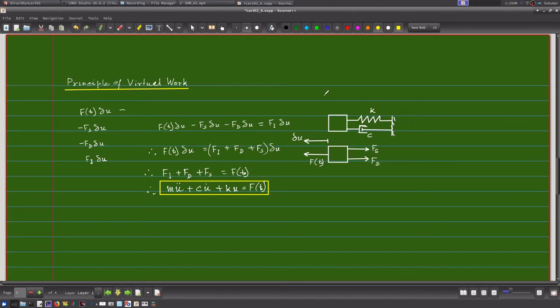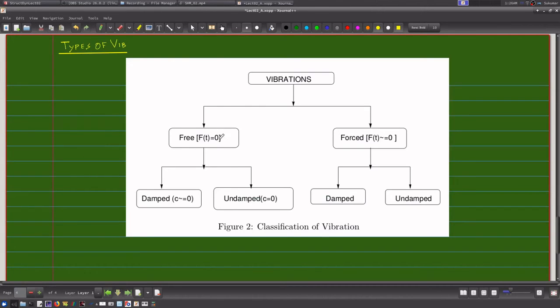In that case, my external dynamic load Ft is 0, and therefore we will call it a free vibration. And if there is some dynamic load acting during the vibration, then of course this Ft is a non-zero quantity, and such vibrations are called forced vibration.